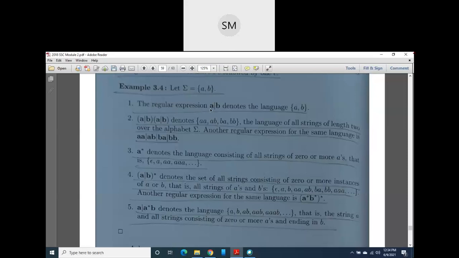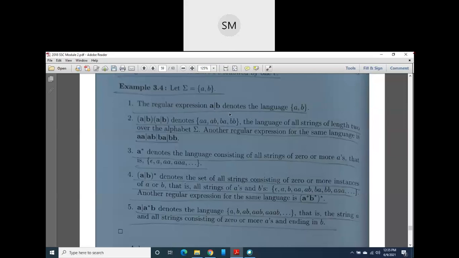So the regular expression A union B, or you can call it A or B, denotes the language {A, B}. Because this A is either in this regular expression or in this one.